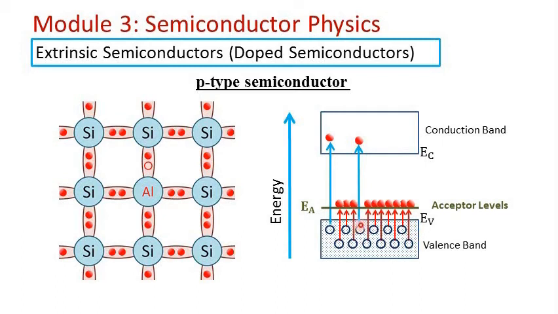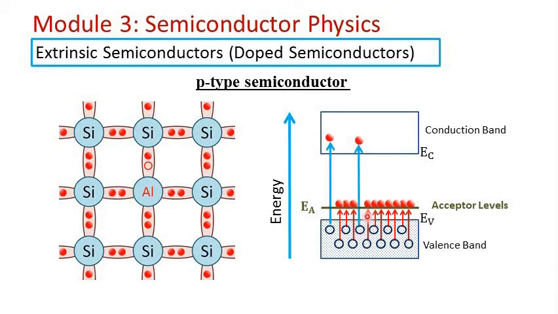Very few electrons will manage to go to the conduction band, and therefore the number of electrons in conduction band will be very less as compared to the number of holes created in the valence band, because there is one more reason for creation of holes, and that reason is electrons from valence band going to the acceptor levels.